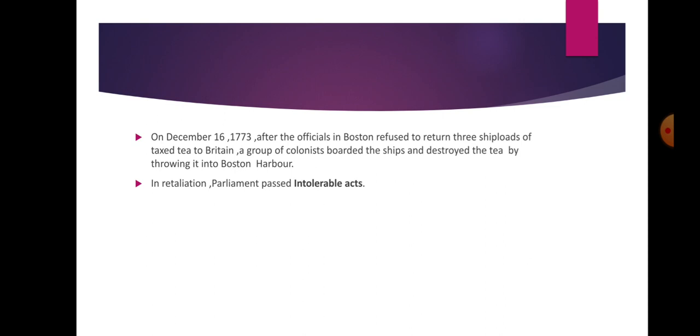Punitive measures means very harsh types of policies, which, among other measures, closed the port of Boston. This led directly to the explosion of American independence. So this was the immediate cause for the revolt of America.